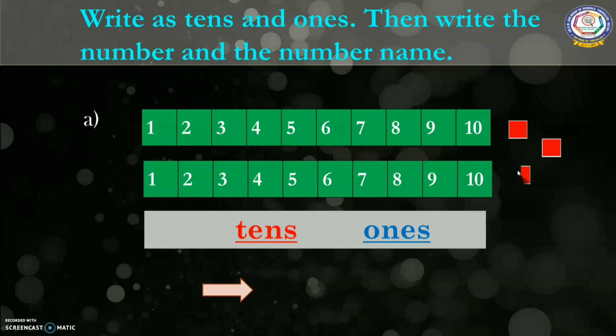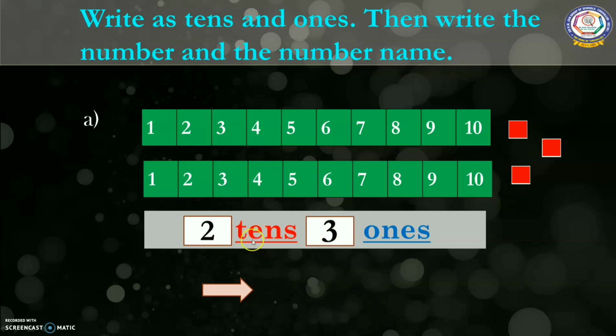Now, guess how many tens and ones are there. Shall we count the tens first? 1, 2. So, 2 tens. Now, count the ones. 1, 2, 3. 3 ones.